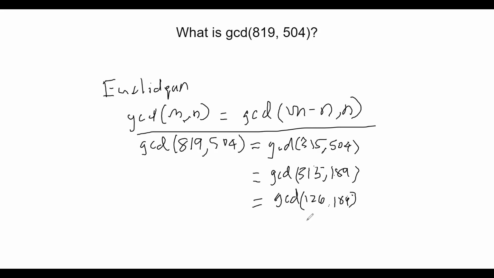And I think at this point it's pretty clear that it's 63, but just for completeness, we can keep on going. So GCD is 126 and 63.